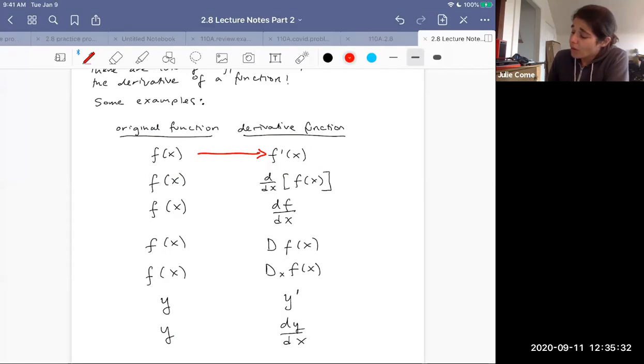However, there's more different notations we might see for that same original notation for the function. Sometimes when we want to say, okay, the original function is f of x, we notate the derivative as simply d dx of f of x. What does this d dx mean? It means the derivative, and the bottom means with respect to x. And you might be thinking, well, with respect to x, why do we need that?